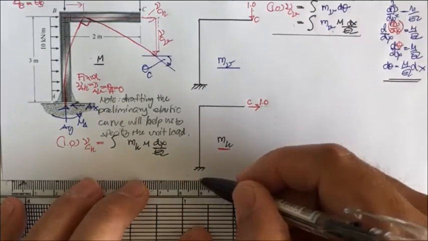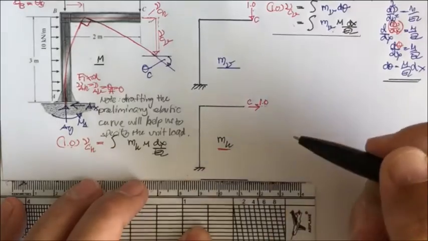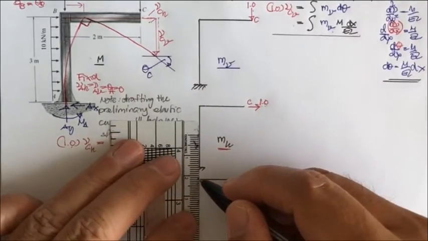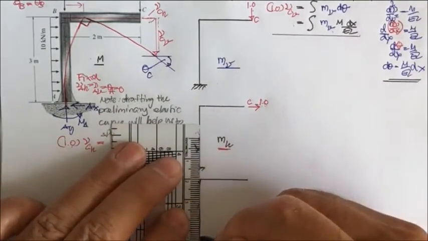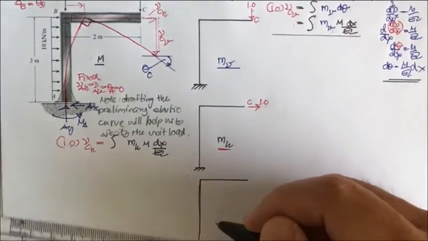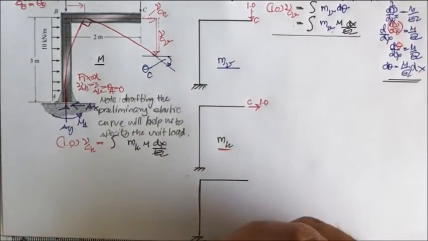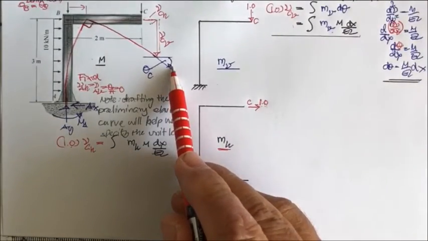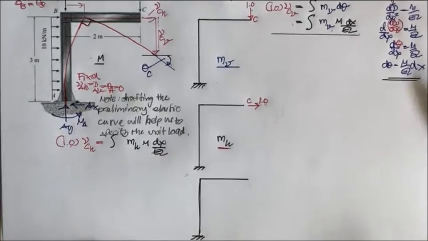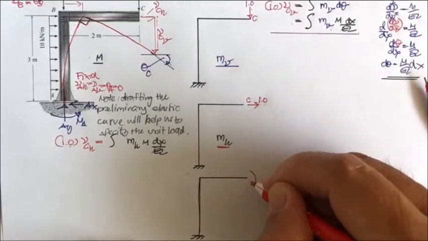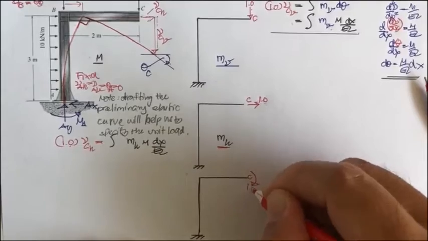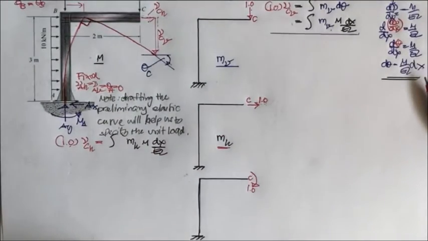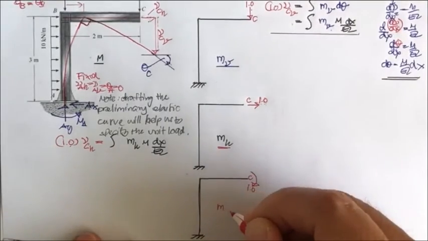Okay, and the last one, we are looking for the slope. So what are we going to put this time? We're going to put the moment on our frame, and this moment is going to be in the same direction of theta sub C. So to determine this, we put this one as 1 going in the same direction. If you put it in the opposite direction, you will get the negative result, so don't worry about it. Everything is taken care of by itself.